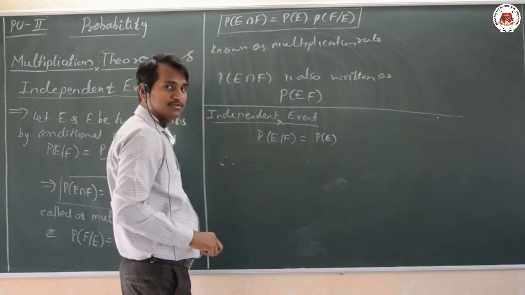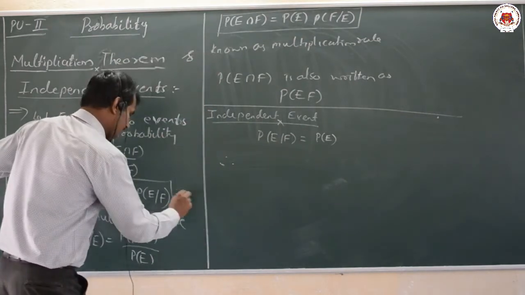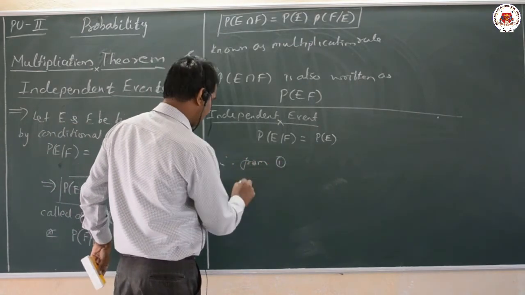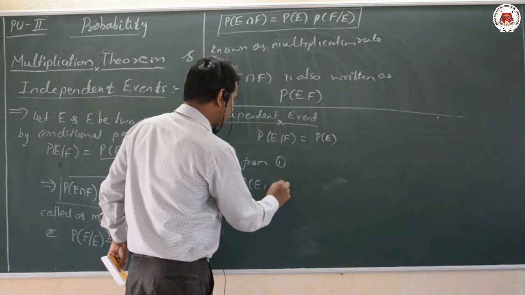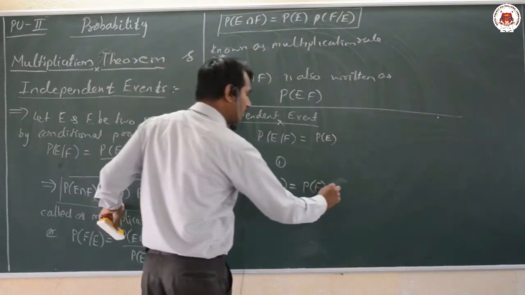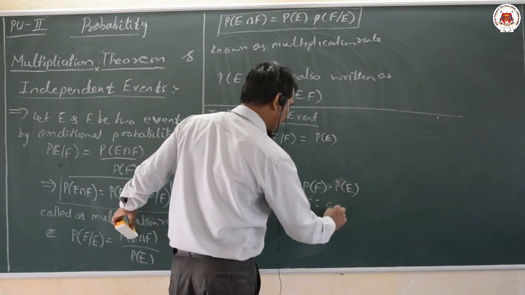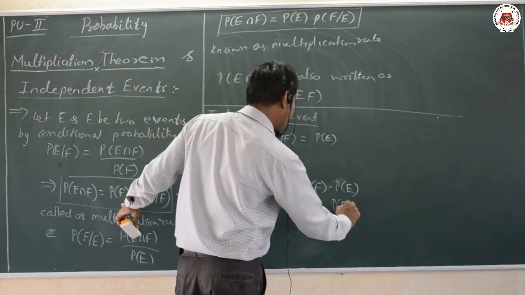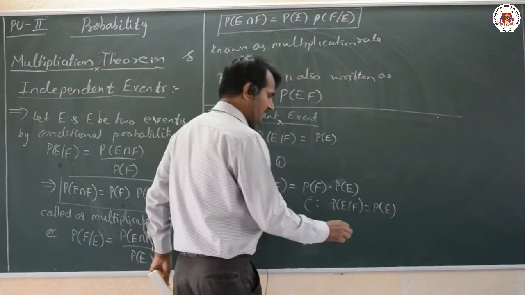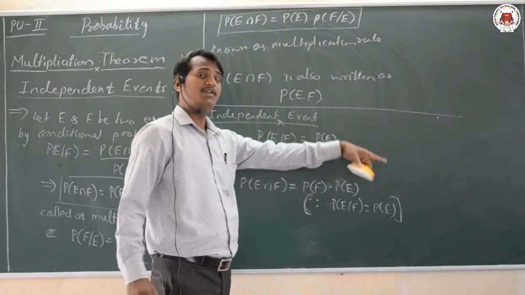Therefore, according to this equation, you can take it as 1. From equation 1, P of E intersection F is nothing but P of F into P of E, because above, P of E bar F is equal to P of E. That is by making use of the simple definition, the probability of E, already F has occurred.